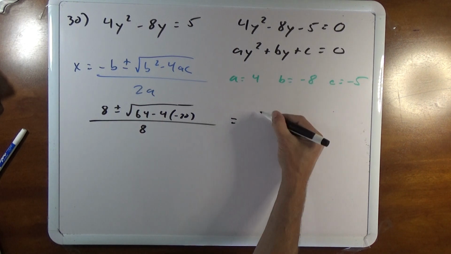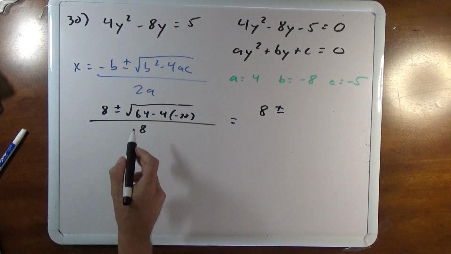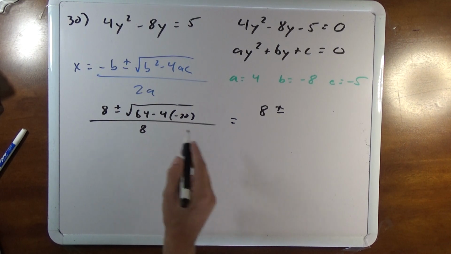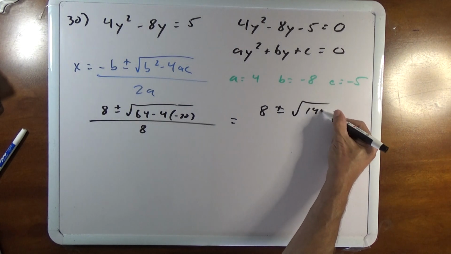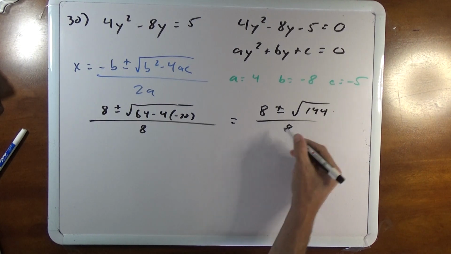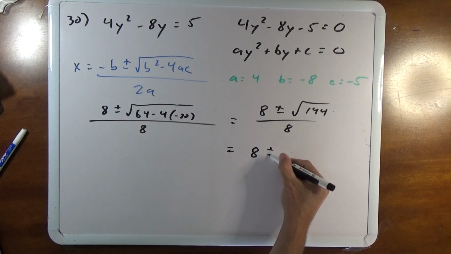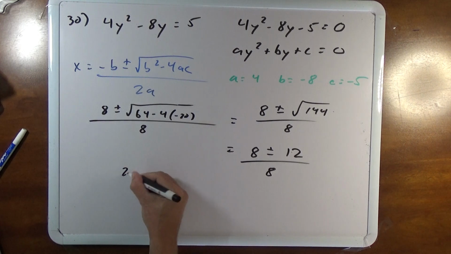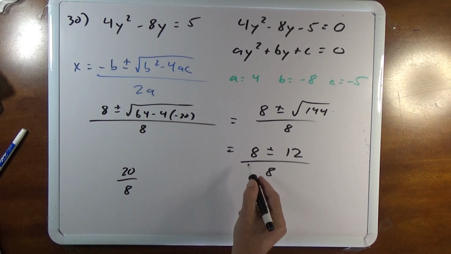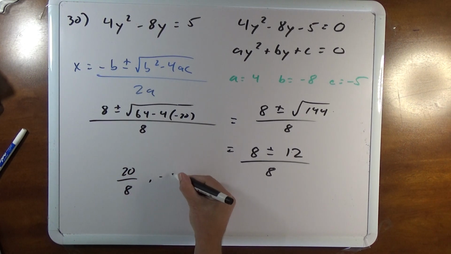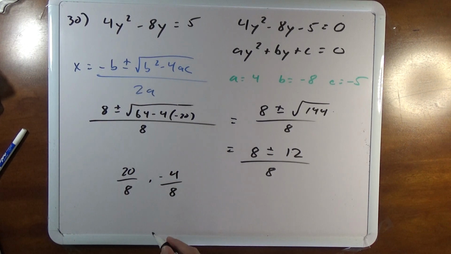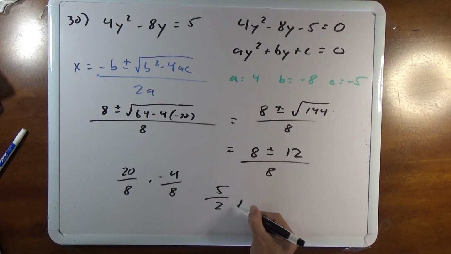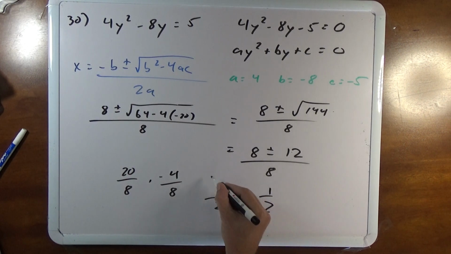So this is going to simplify to 8 plus or minus the square root of 64 plus 80, so it's the square root of 144, all over 8. This is equal to 8 plus or minus 12 over 8. That's 20 over 8, or negative 4 over 8. Or, let's see, 5 halves, or negative 1 half.